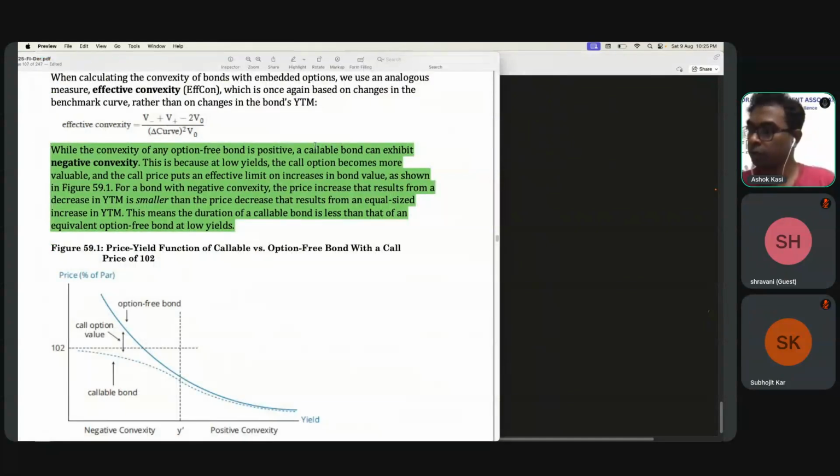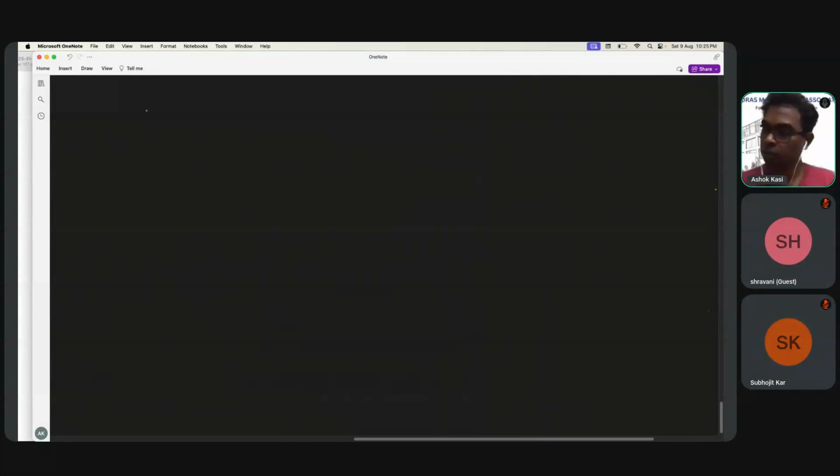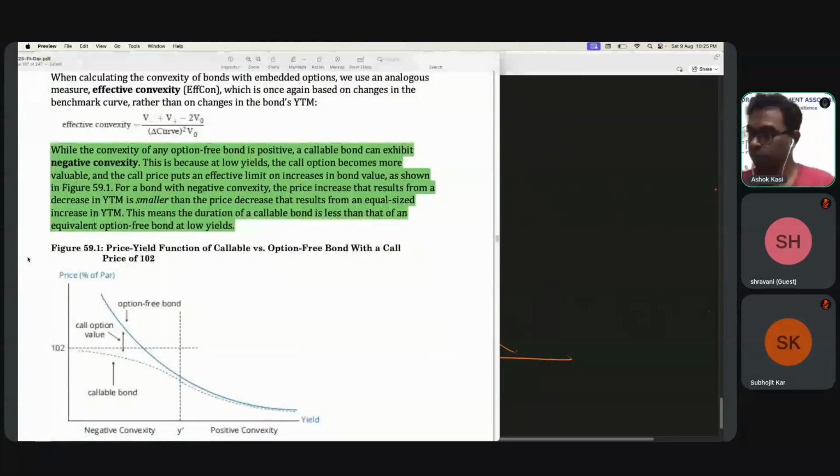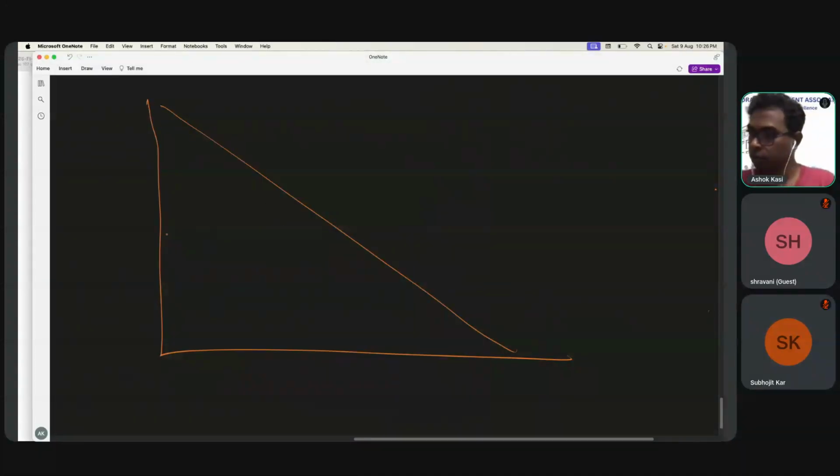While the convexity of any option-free bond is positive, a callable bond can exhibit negative convexity. That means, see, imagine this is the price, and this is the yield.